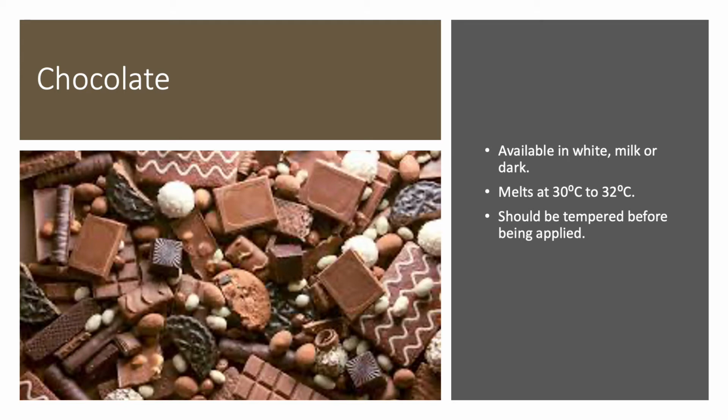Couverture chocolates will have instructions on their bags as to the temperature range, but tempering with chocolate means you take it up to a temperature, then you bring it down to a temperature, then back to a medium temperature. There are a couple of different methods: the seeding method, vaccination, tabling. But that's more advanced patisserie skills.